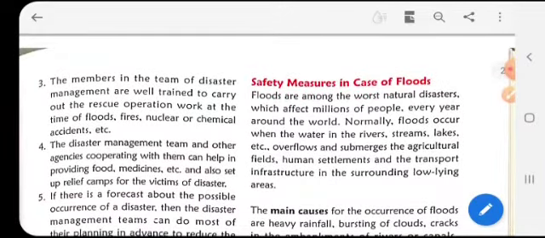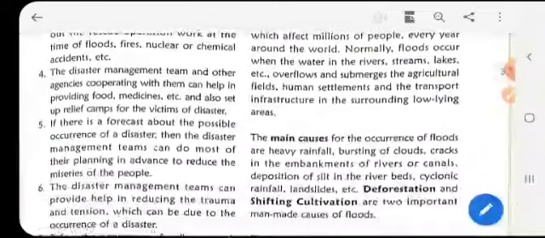Now, safety measures in case of floods. So, what kind of safety measures can be taken? Normally, floods occur when the water in the rivers, streams, lakes, etc., overflows and submerges the agricultural fields. So, human settlements and transport infrastructure in the surrounding low lying areas can be affected. So, they can be made aware of the floods that can occur due to rainfall or due to the increase in the level of rivers, streams, or lakes.